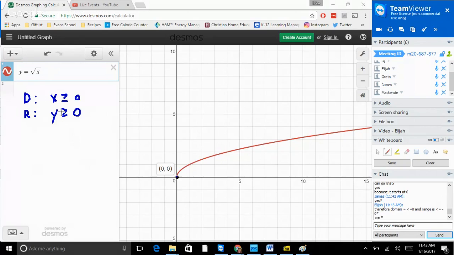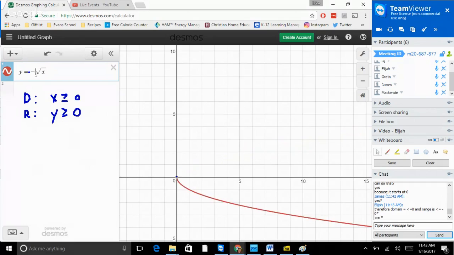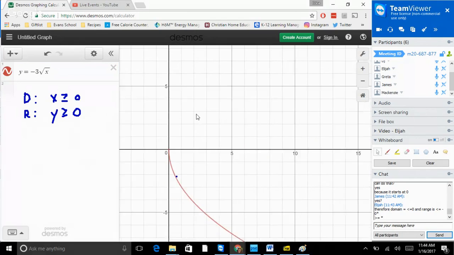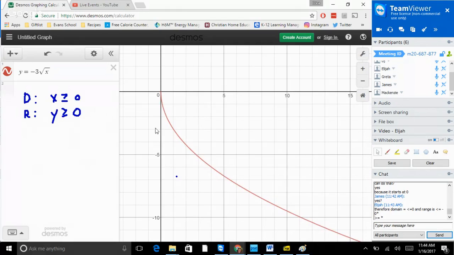All right, so what happens to that original problem that was -3? So y equals -3 times the square root of x. Obviously, you can graph it, but my range changes a little bit, right?